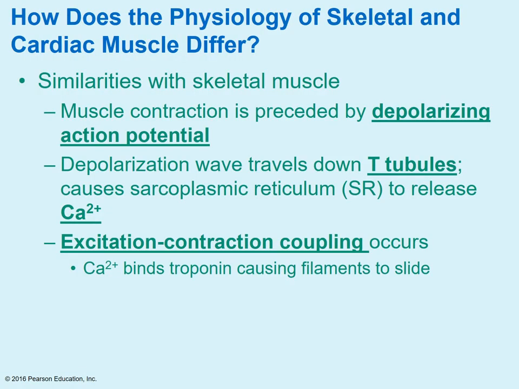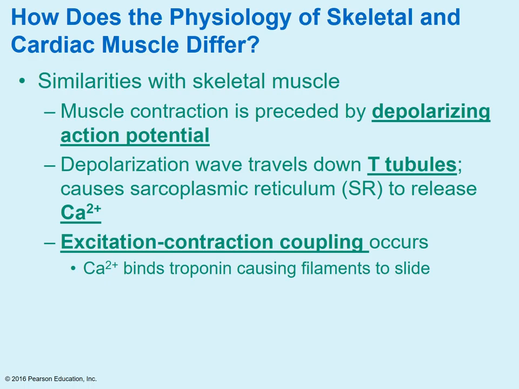So when you look at muscle physiology and compare skeletal muscle and cardiac muscle, is it the same? Is it different? Yes and yes. There are some similarities. The contraction is going to be preceded by a depolarizing action potential. Remember, depolarization is going to bring the charge to a more positive charge.